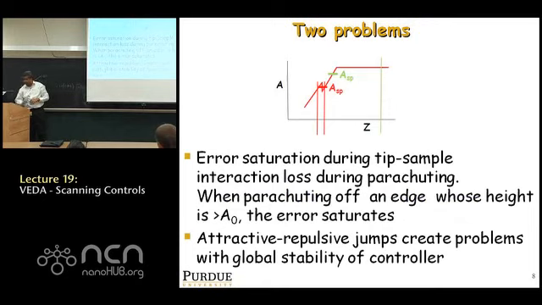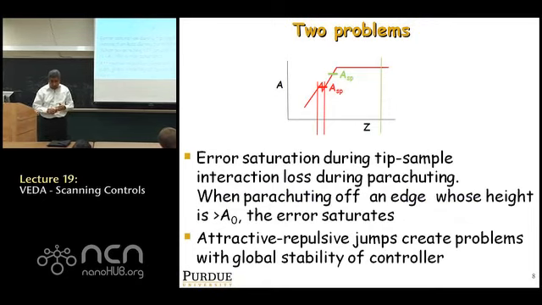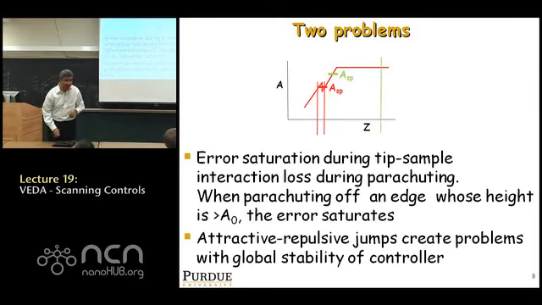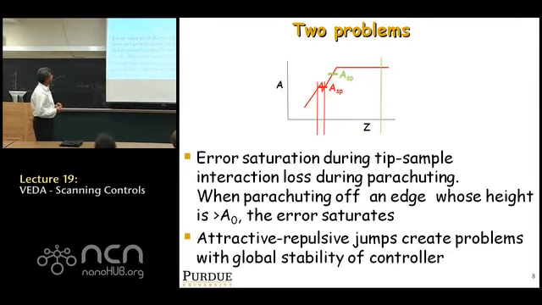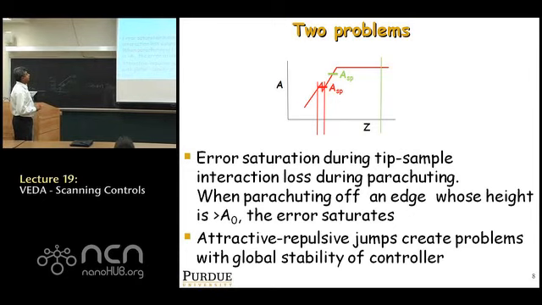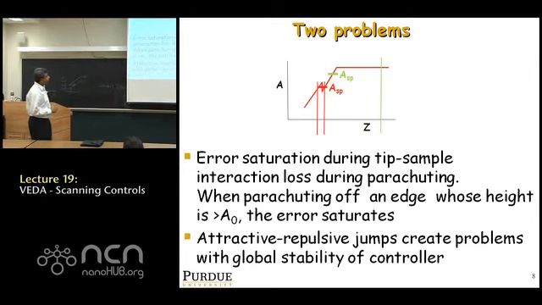Okay? So I'll address that in this slide and bring to your attention two important problems that you need to be aware of when you choose your proportional and integral gain. One extremely important problem is that of error saturation of the error signal during parachuting off. Okay? What this means is the following.